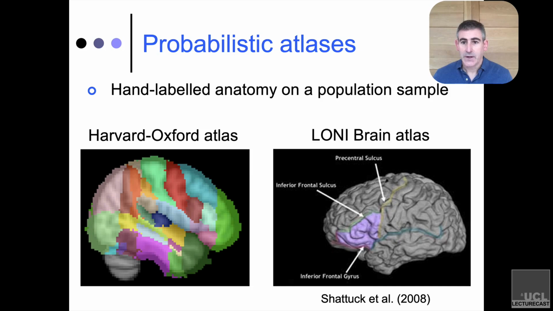The alternative are what are called probabilistic atlases based on the MNI templates. There are various ones. I've illustrated two here. One's the Harvard-Oxford Atlas. One's the LONI Brain Atlas out of UCLA. What's great about these is they're anatomy based on a sample of the population who's been transformed into the standard MNI space.